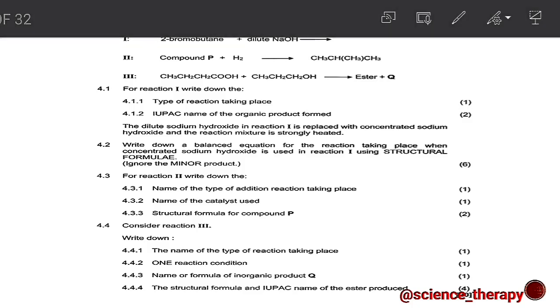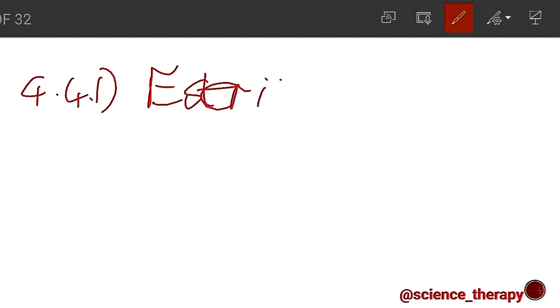So remember, when we analyzed, we said this is a carboxylic acid reacting with an alcohol to give us an ester. What do we call that reaction? We say it is esterification. So for 4.4.1, we have esterification. Forgive my handwriting.